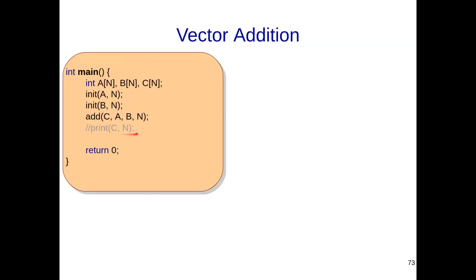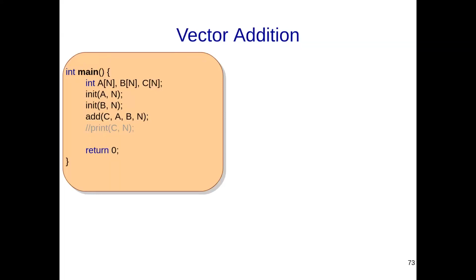Finally, I might want to print it on the CPU or do some other processing on the CPU. That's fine. And I also pass this n as a parameter, although it's a hash define, so even if you access it directly in the functions init and add, that is also okay. So this is our basic vector addition code.